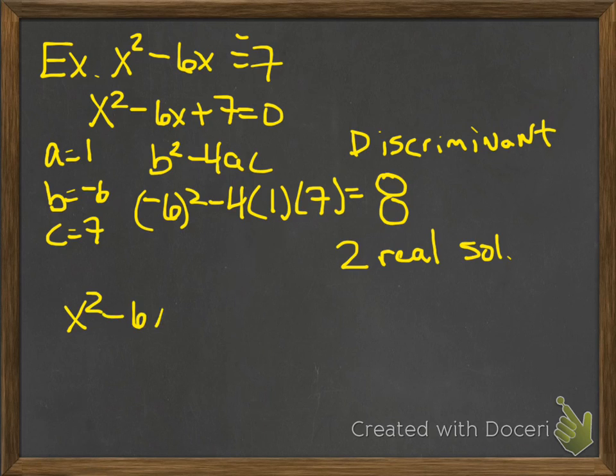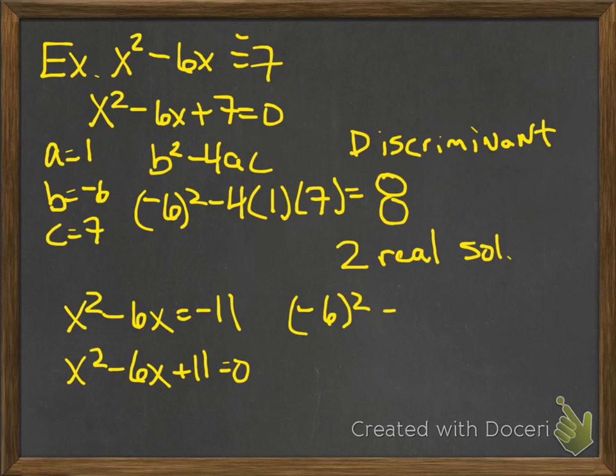Another example, x squared minus 6x equals negative 11, which would make that plus 11. Plug that into the formula. What do you get when you say negative 6 squared minus 4 times 1 times 11?